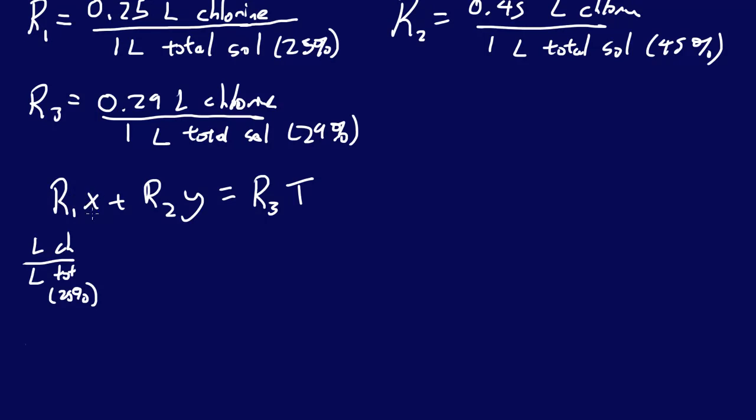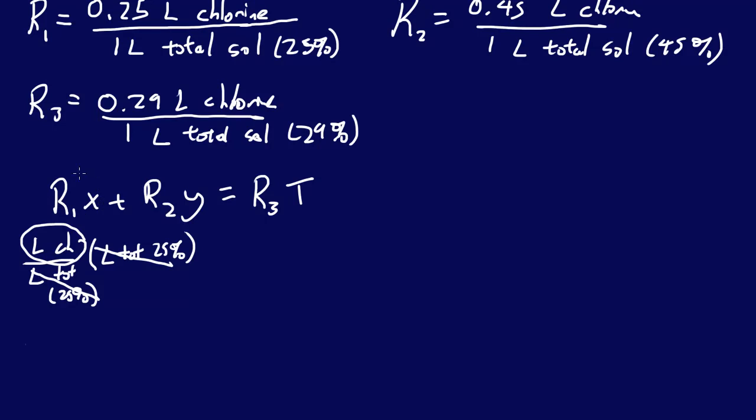And then this X represents how much we actually poured in. So that's how many liters of total solution that we actually poured in that happened to be 25%. And so when you look at the unit of measurement, this unit of measurement crosses off with this unit of measurement, and then you're left with liters of chlorine.